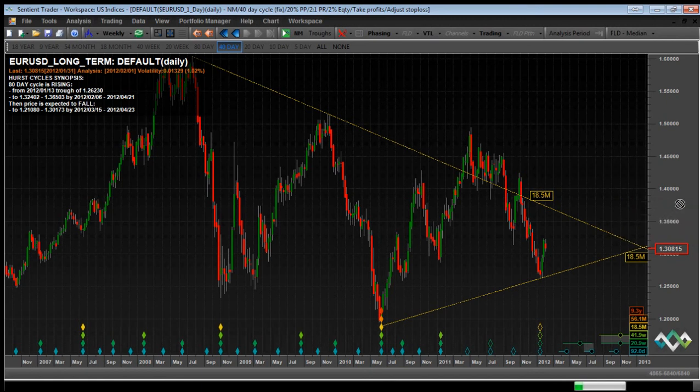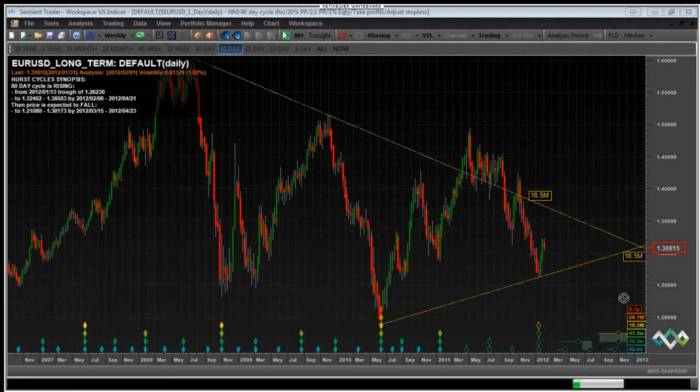Now, the two most recent 18-month cycles. Sorry, let me say it again. The 18-month VTL should be connecting the two most recent 18-month cycle peaks. Right? That's what an 18-month VTL is.